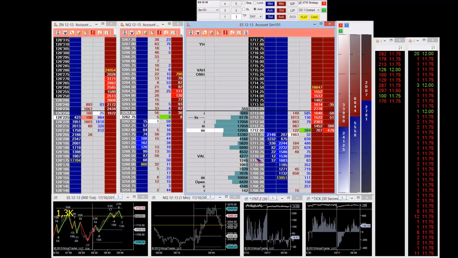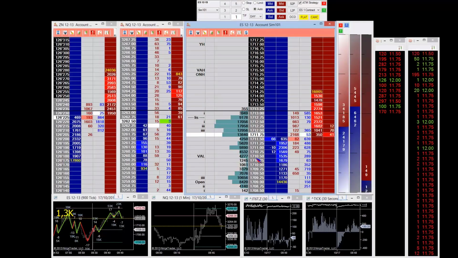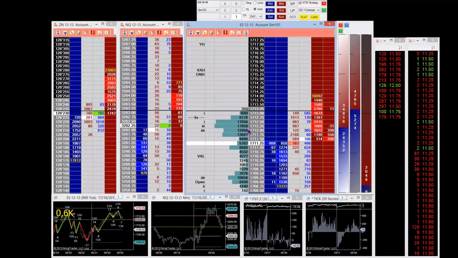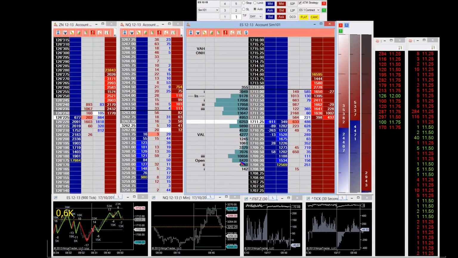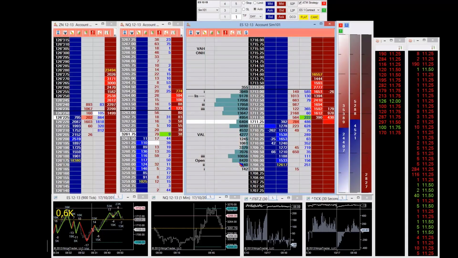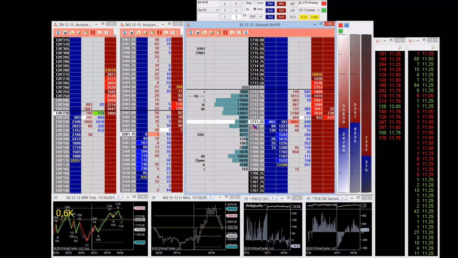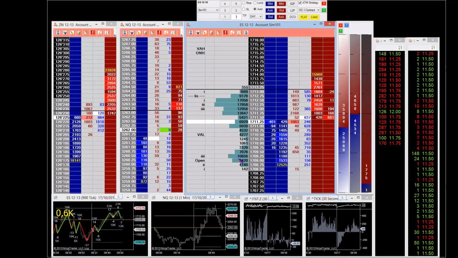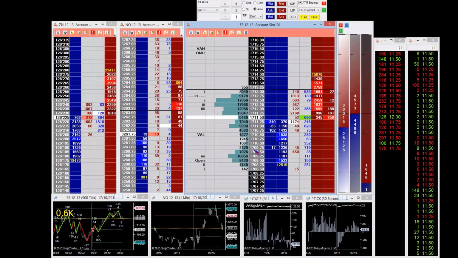Now, the other thing about these thick areas on the volume profile: if we move down now to 17.09.25, it's a little bit thicker down there, we can reasonably expect the move from 11.50 down to 17.09.75 to be fairly rapid, and then for it to slow down as it enters the thicker area below.